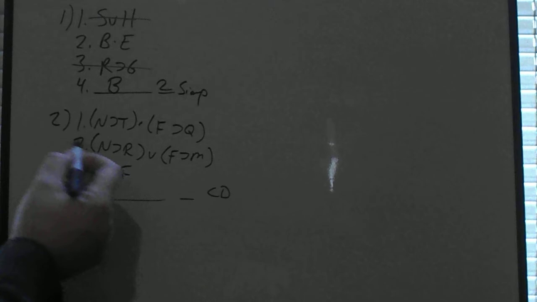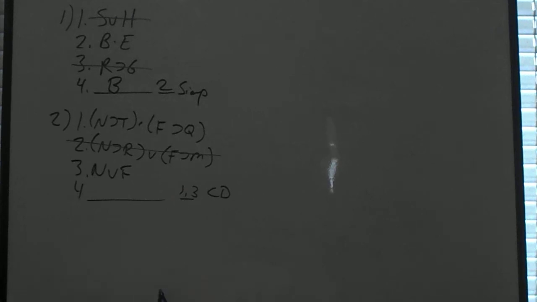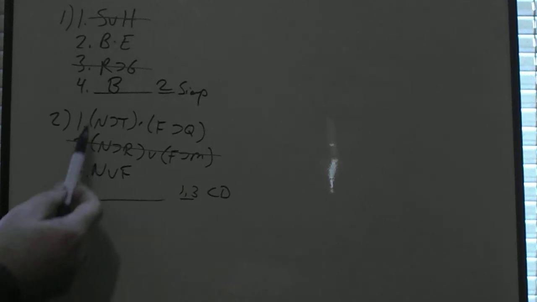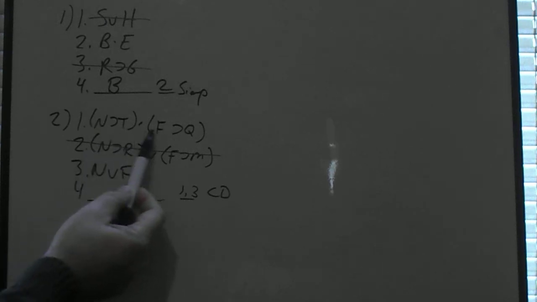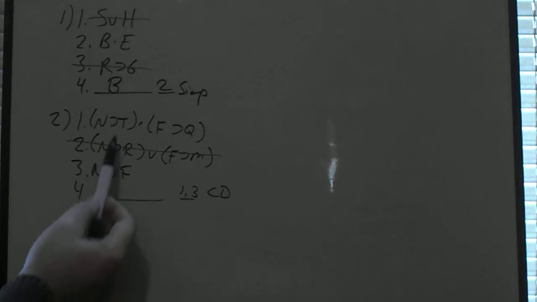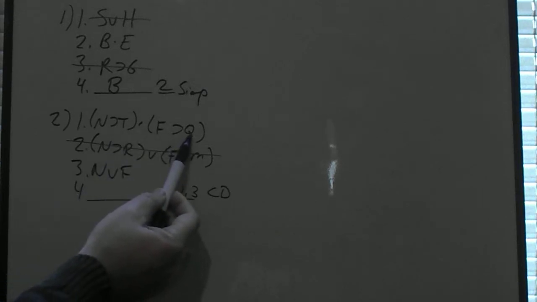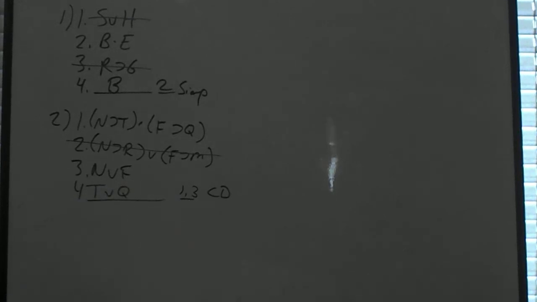Line 2 has the wedge, so you know you're not going to use that. So we're going to be using lines 1 and 3 to form the constructive dilemma. So two conditional statements joined by the dot. The second premise, the two antecedents joined by the wedge. And so the conclusion we want to derive, the two consequents joined by the wedge. So T or Q.